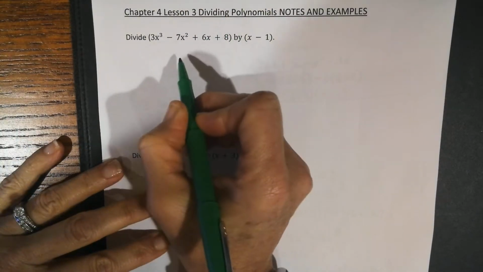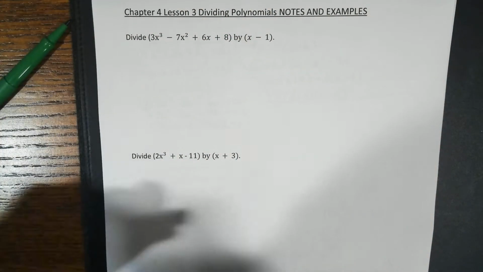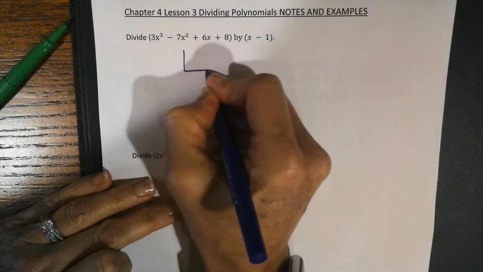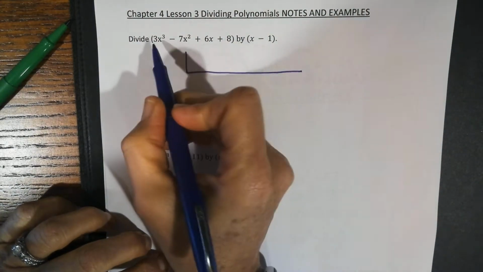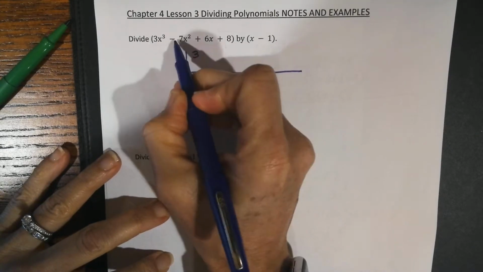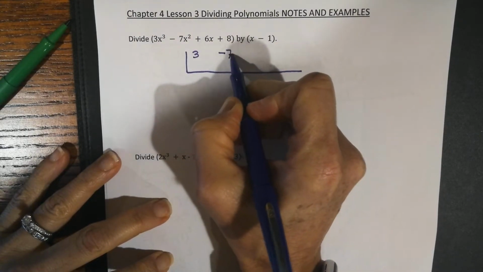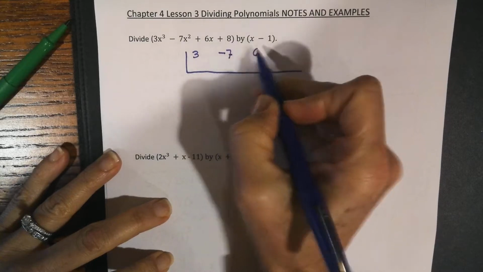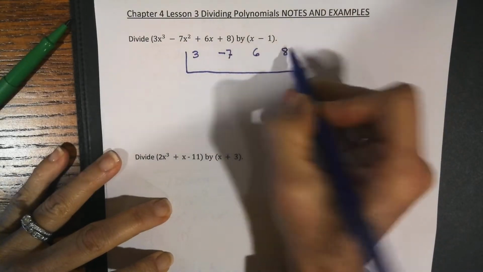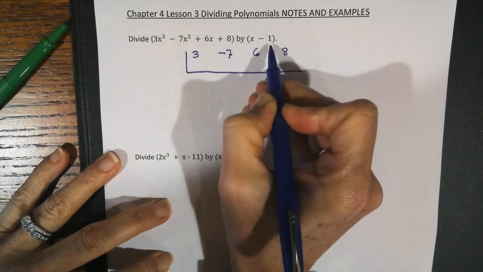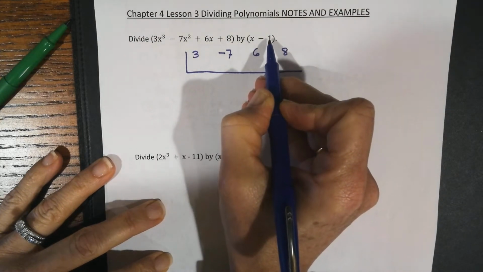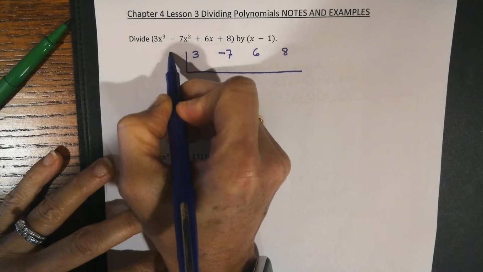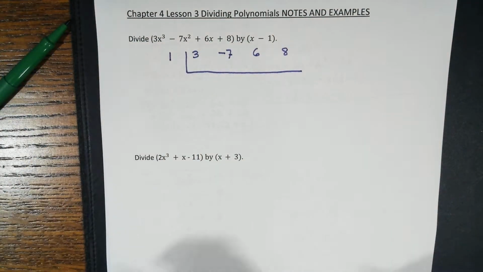So I don't even need any placeholders. All right, so I draw my half box, and I put my coefficients. 3, negative 7, positive 6, and 8. Here, I'm dividing by a positive 1 because it's x minus a. So the 1 goes here.